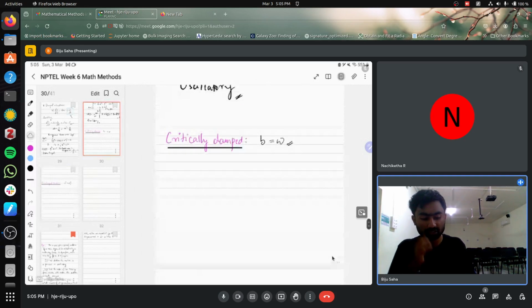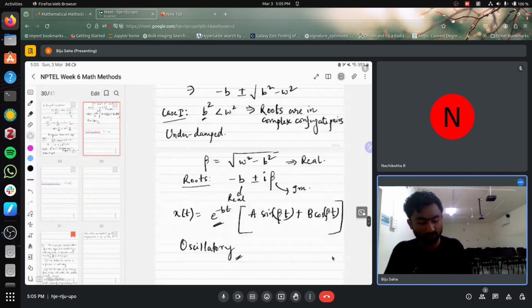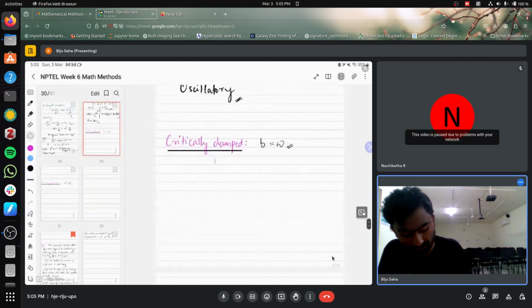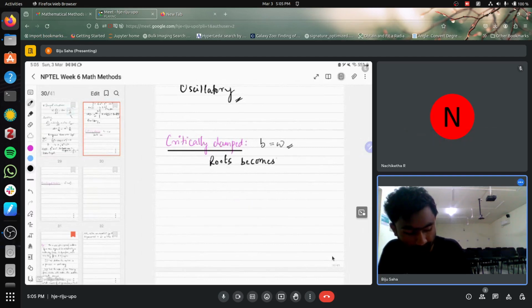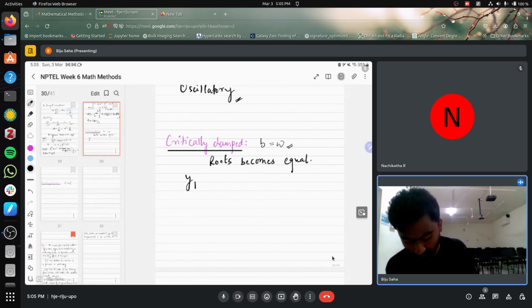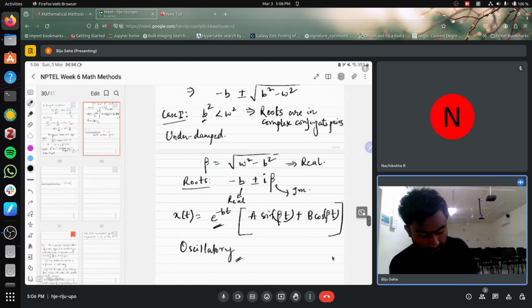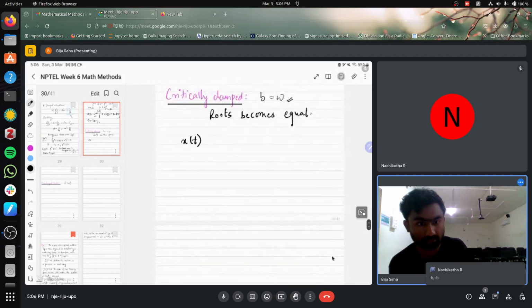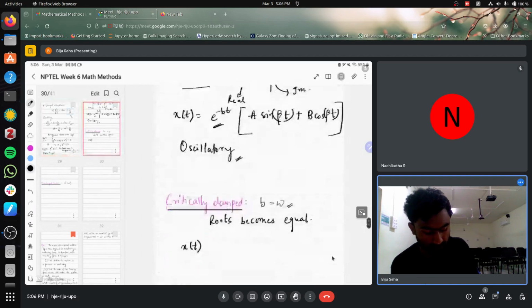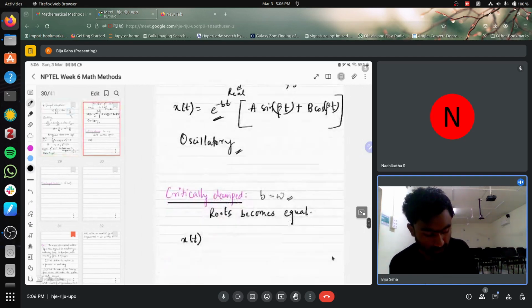First of all, let us look at the case when b is equal to omega. When b is equal to omega, the roots become equal, and they are minus b.